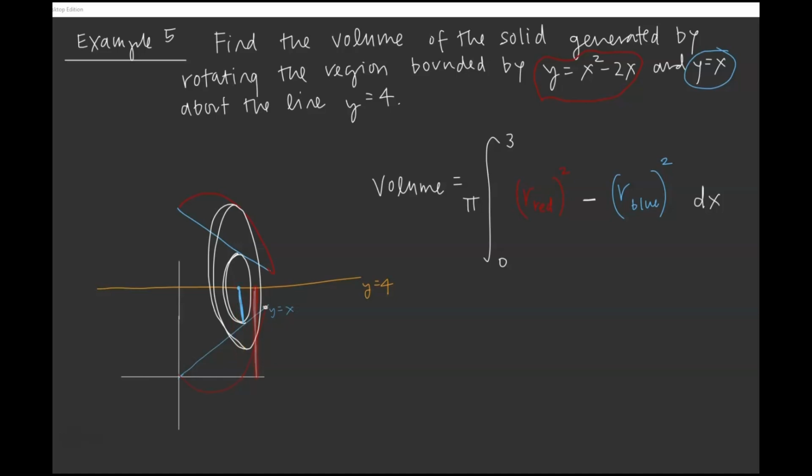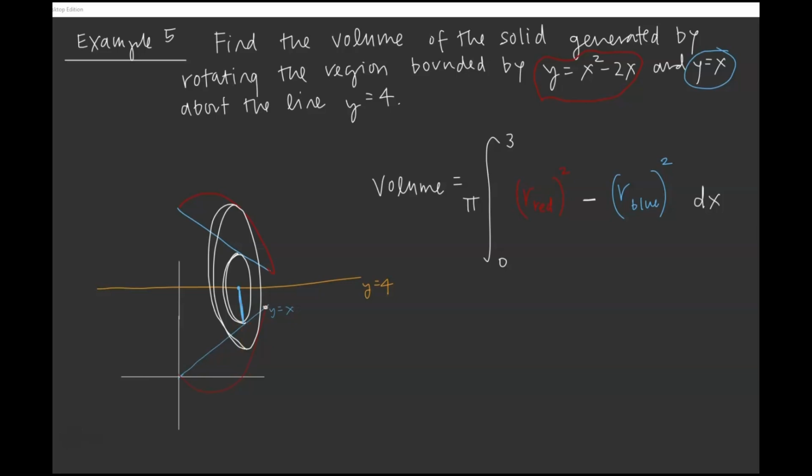If we were going to take a disk over here, we want this inner radius, and so this will be 4 minus y right here, because we have the full length of 4, and then we're going to subtract off this y. You just want to convince yourself that you truly believe that this inner radius is a length of 4, but then we cut off this y. So 4 minus y.